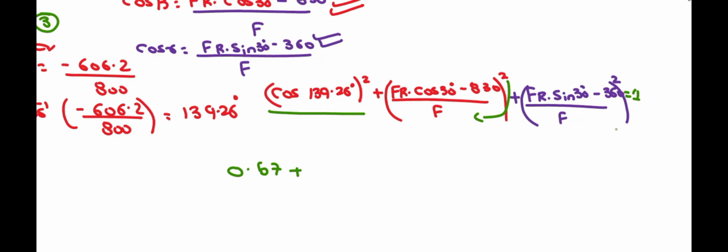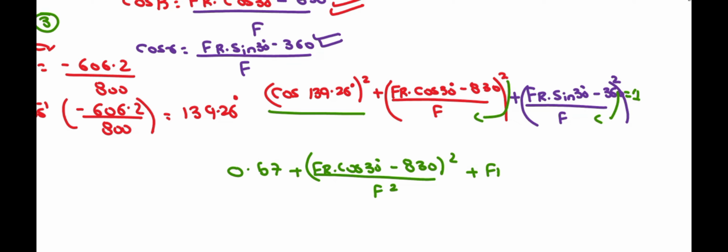Apply the square to the F here only. So we get Fr dot cos 30 degree with negative sign 830 whole square upon F square, with positive sign Fr dot sine 30 degree with negative 360 whole square upon F square, which is equal to 1.